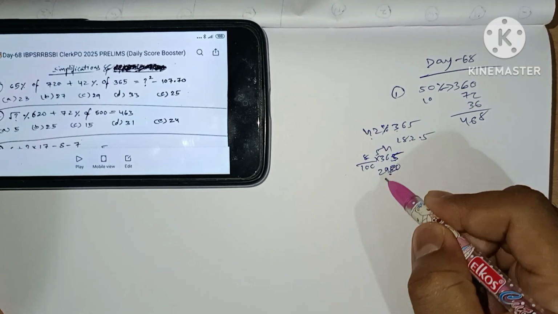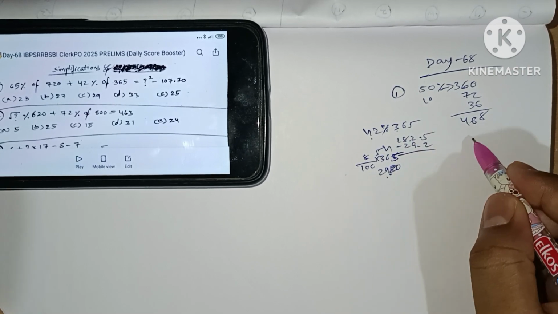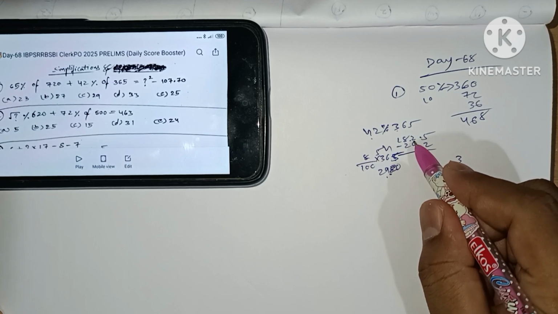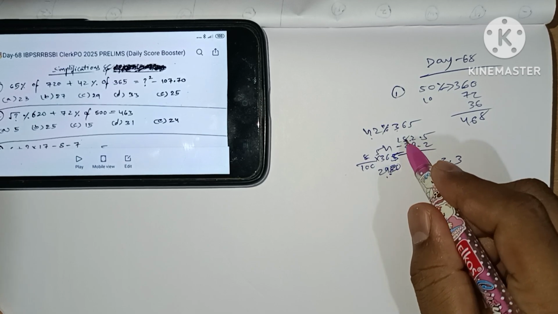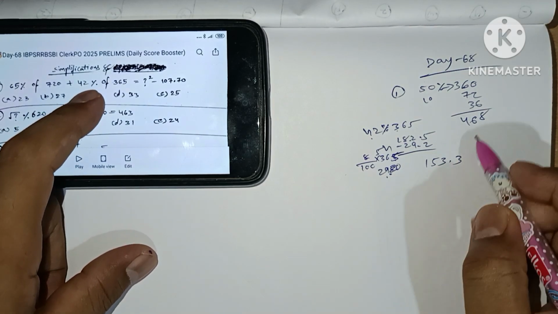So this is 50% and this is 8%, meaning subtracting 8% from this one we get 153. So what we get here is 153.